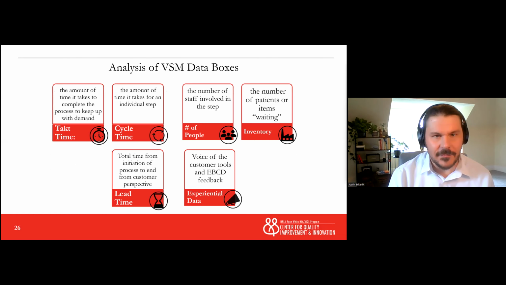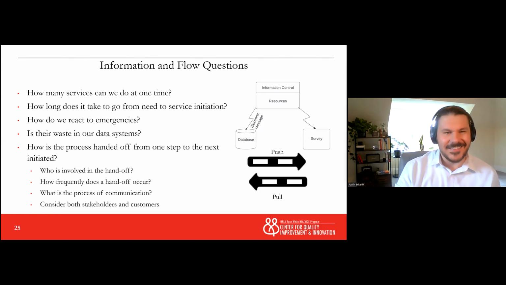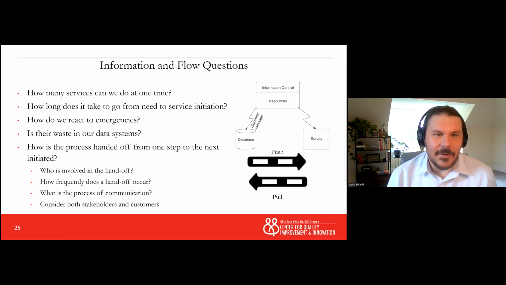And then information flow. Are there services that we can do in parallel? How long does it take to go from service need to service initiation? That's an important thing to look at. How do we react to emergencies? Is there duplication in our data systems?